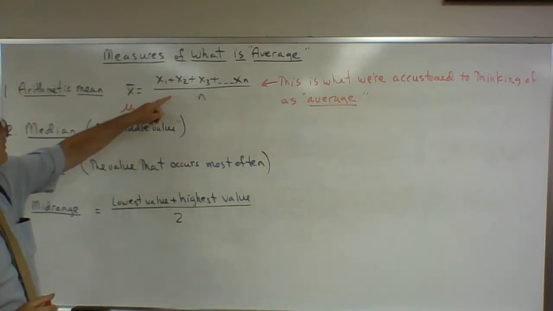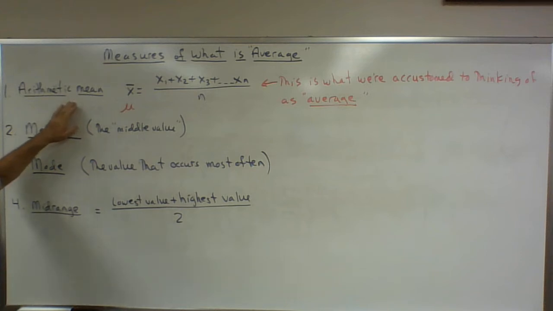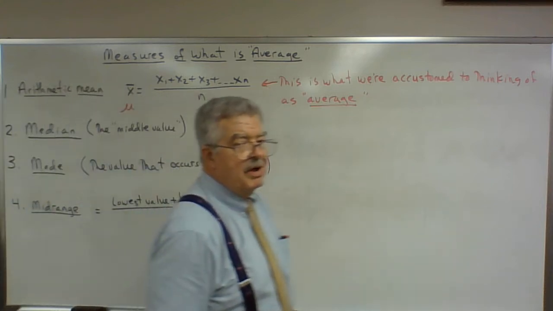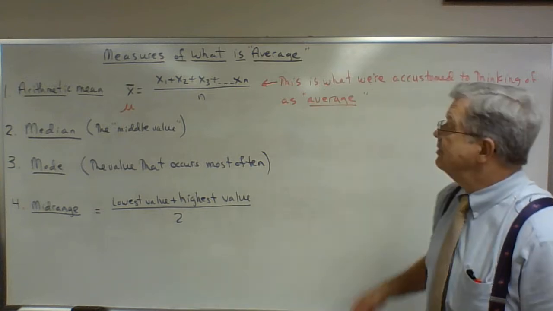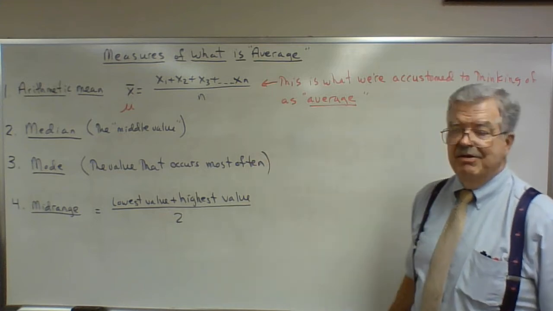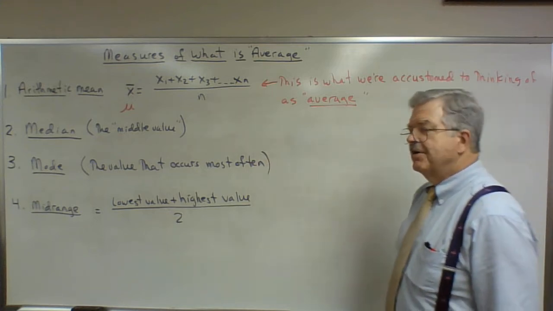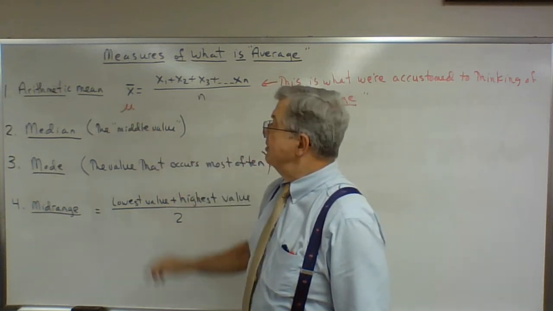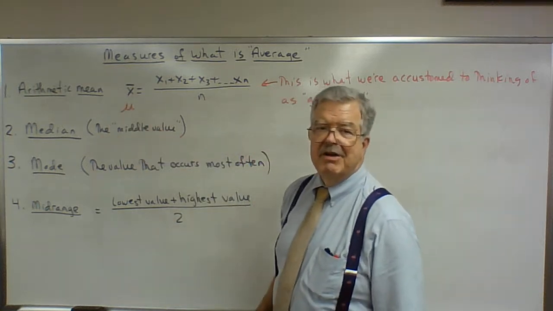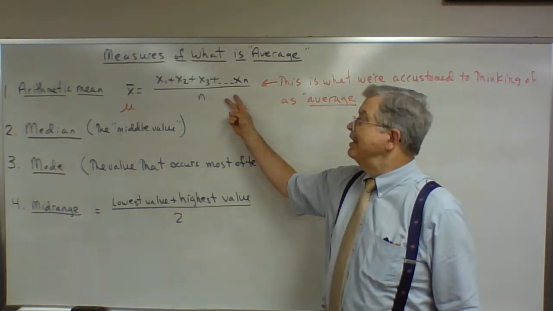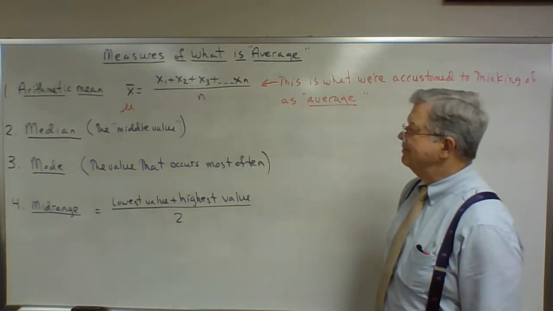This measure of average, more correctly referred to as arithmetic mean, is what we're accustomed to thinking of as average. We want the average of a set of data values. We add them all up. We divide by the number of data values. Add up all the values, divide by the number of values.